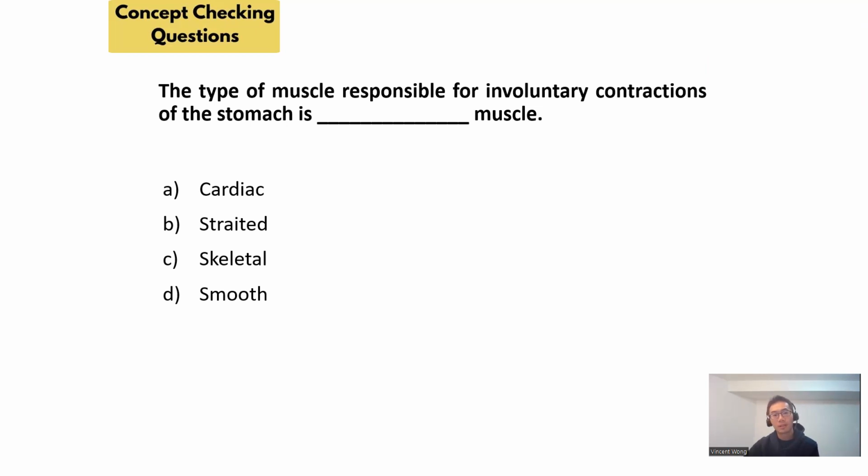Smooth. Smooth, that's right. Smooth is involuntary. You do not control how your stomach turns. When it's hungry, it turns and makes those embarrassing sounds. You have no control over that.